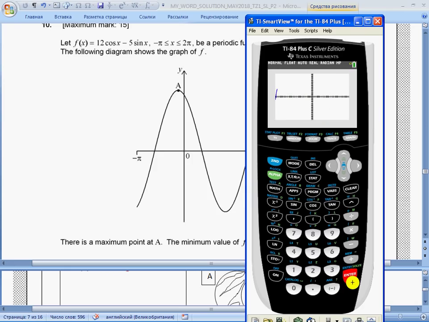Press enter. Without pressing enter, it will not zoom out. Why did I zoom out? It looks very small. Let us zoom in again.